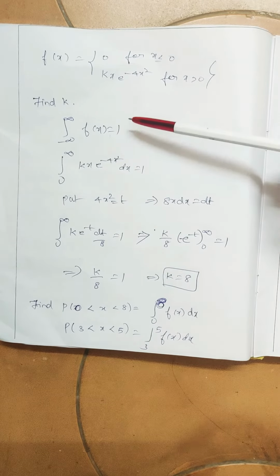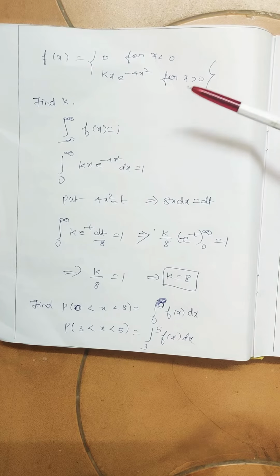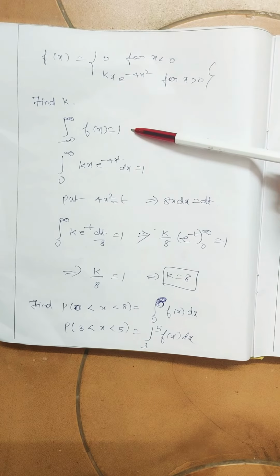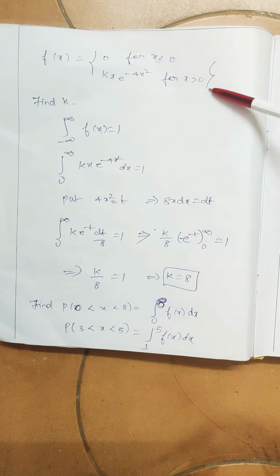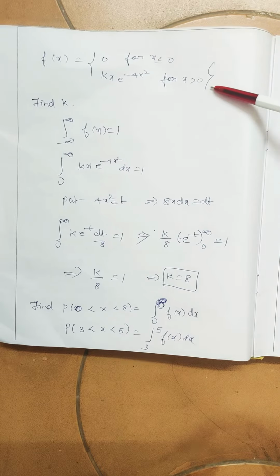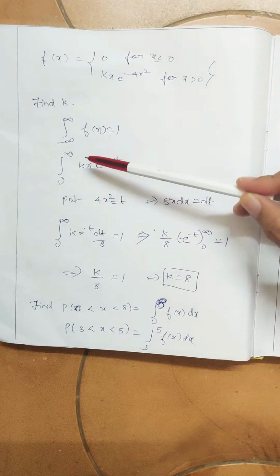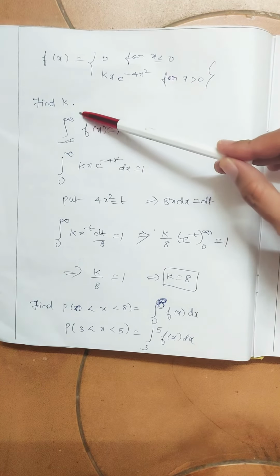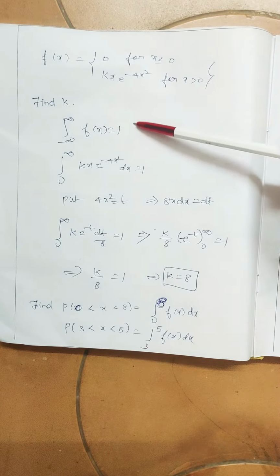And now what are the conditions? Each probability should be greater than 0 and their summation should be 1. We saw the discrete version in the previous problem. Now it is a continuous version because they've given an interval. So now you can identify what is a discrete version and a continuous version. So in continuous version, the summation is nothing but integration. So integral from minus infinity to infinity of f of x is 1.